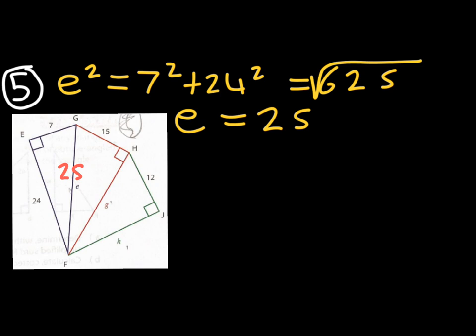So we got E, we are now looking for G. And as we can see, this triangle, FGH, is a right angle triangle. Okay, so we have the hypotenuse already, as well as one other side.